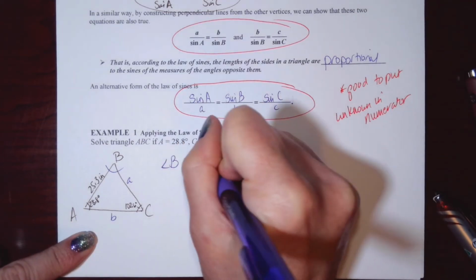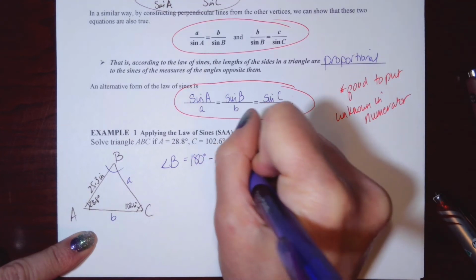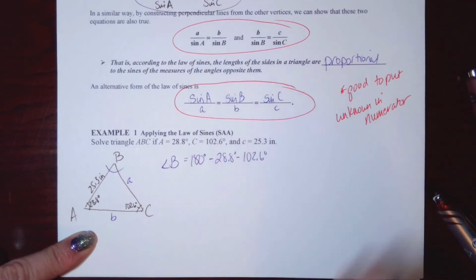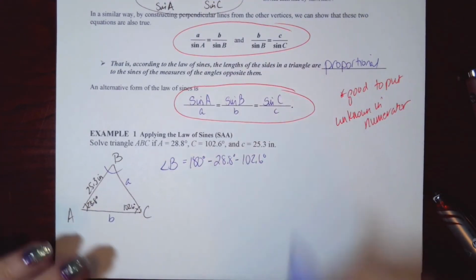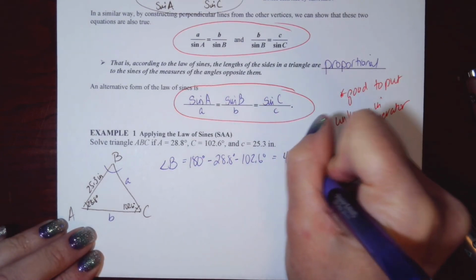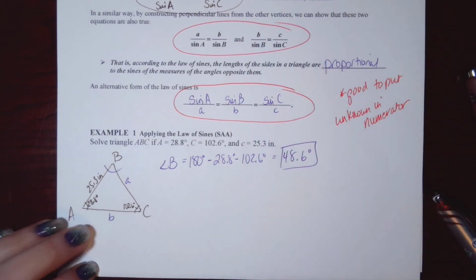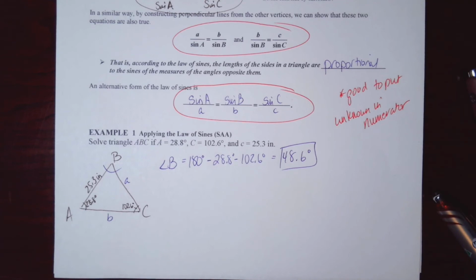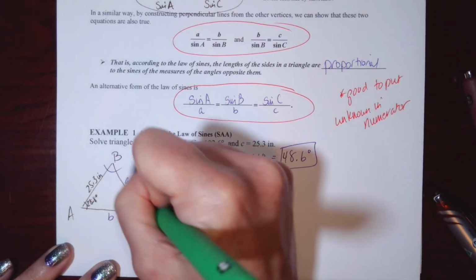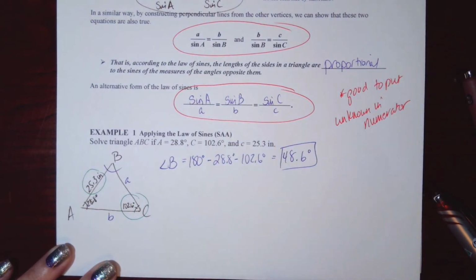Then I take that 180 and I subtract the measures of the two angles that I know. And I figure out, okay, well, angle B, therefore, needs to be 48.6 degrees. Now I need to solve for side A and side B. Well, I'm going to use law of sines. I know a pair. I know angle C and side C. And I need to solve for side A and side B.